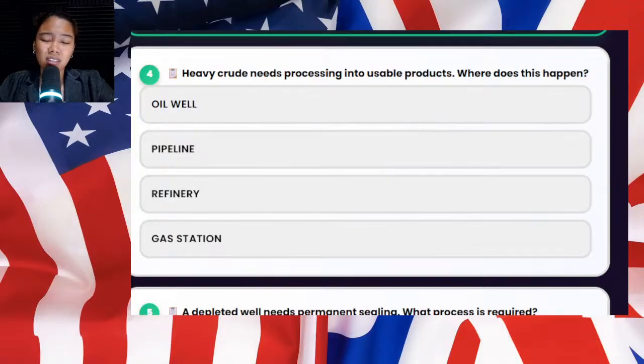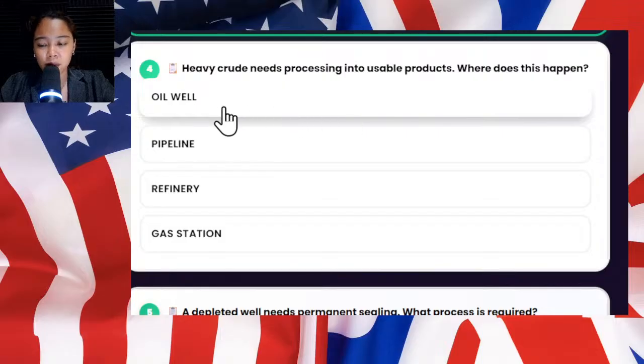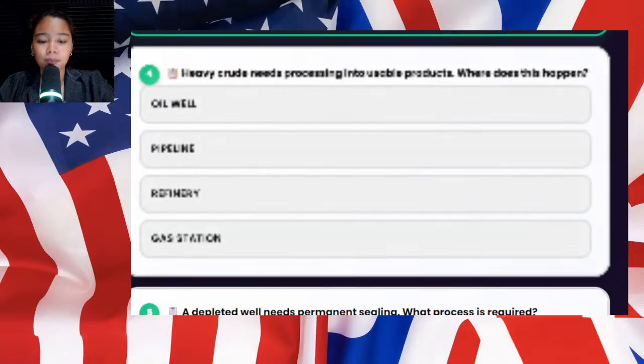Basically, an oil well is the place where crude oil and petroleum gases are extracted. We're still getting the crude oil and petroleum gases; there's still no processing of crude oil here. So we are still on the first step. Oil well is not our answer because in an oil well, we are still extracting, not processing.